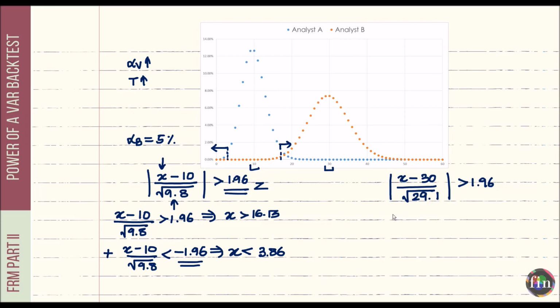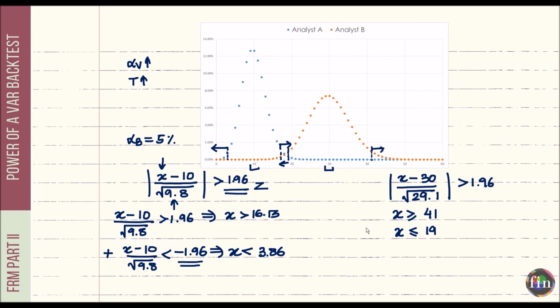So this boils down to: I would reject my null if either X is greater than or equal to 41, I have already included the discretization, or if X is to the left of 19. Let's mark off these two on this graph. If I am to the left of this point, I would reject, or if I am to the right of this point, I would reject, including both.